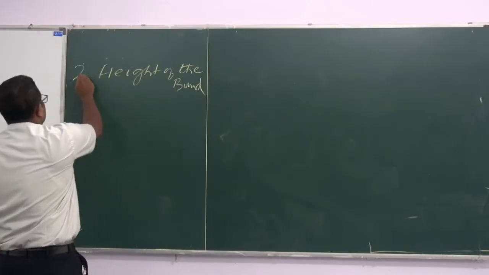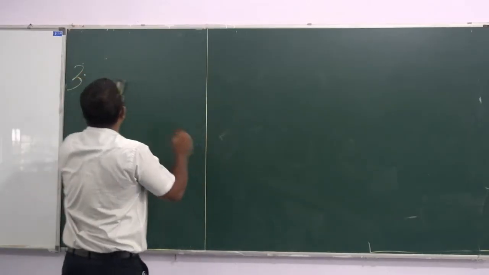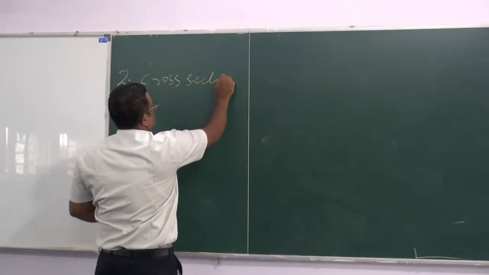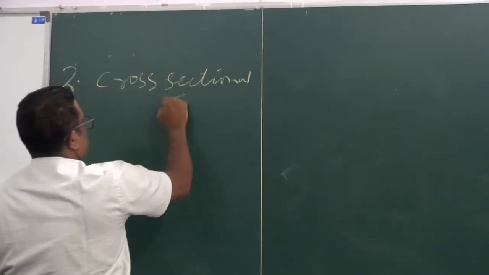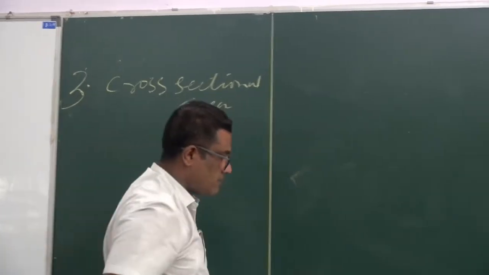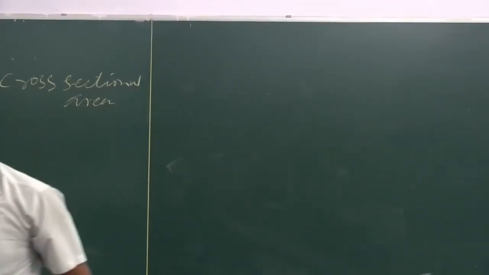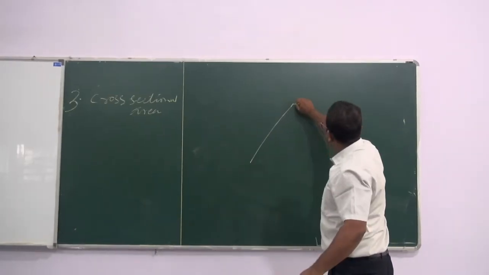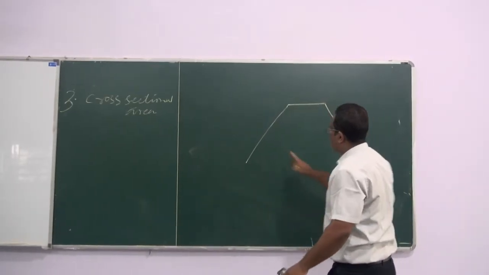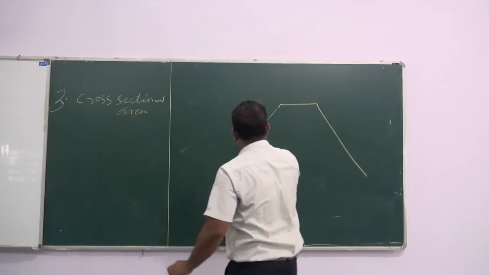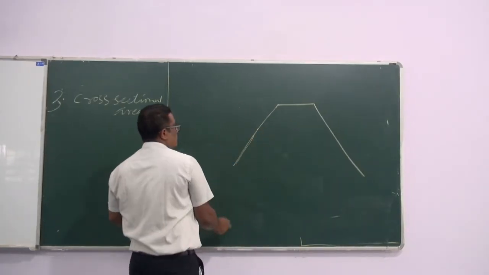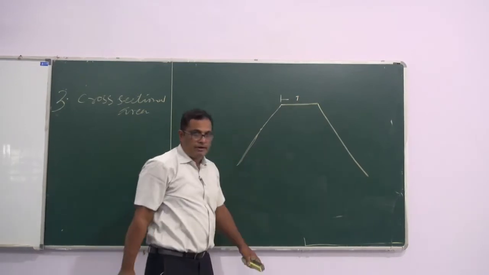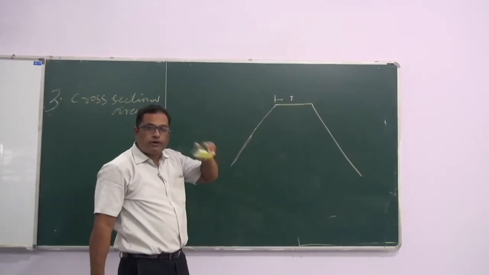Third is the cross-sectional area. This is for a bund, whether it is a contour bund or graded bund.